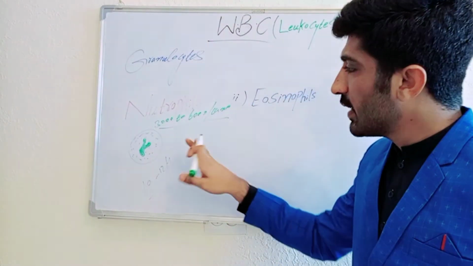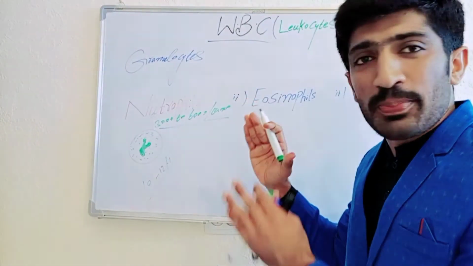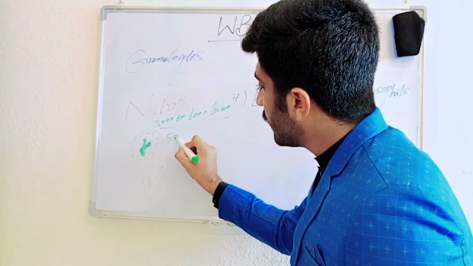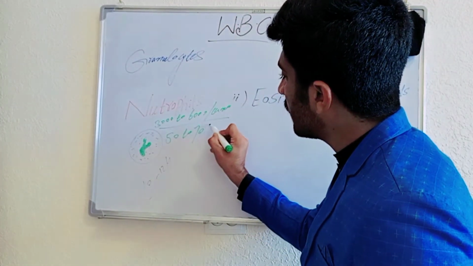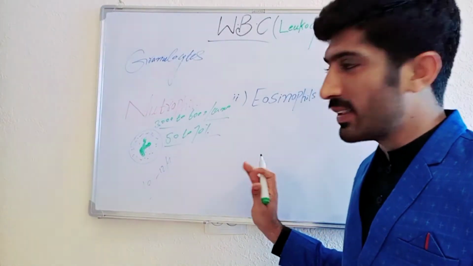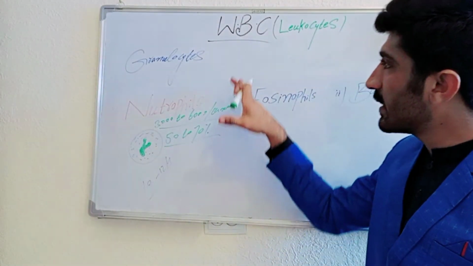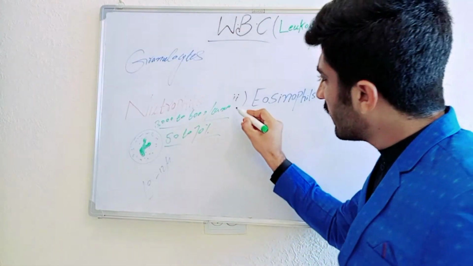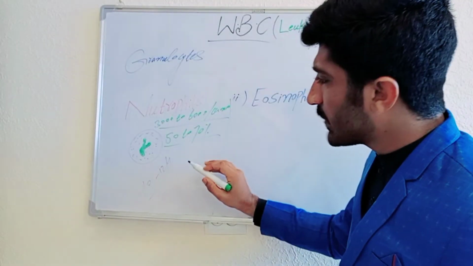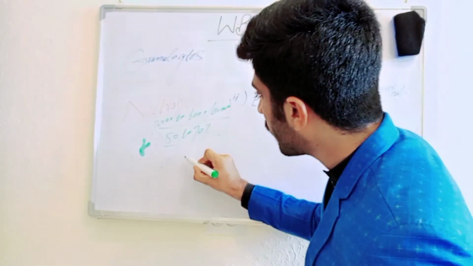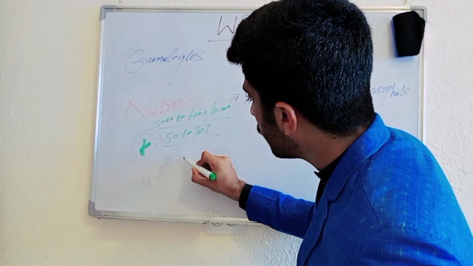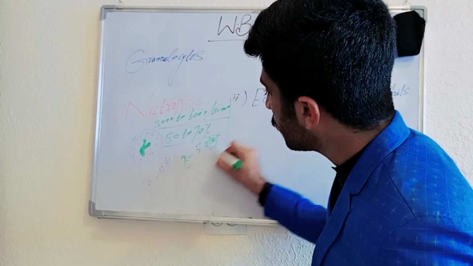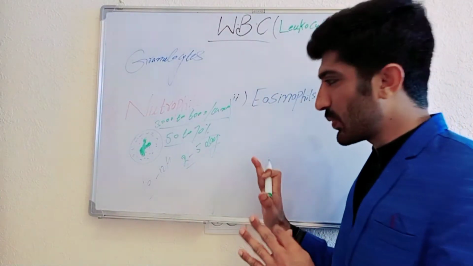And if we talk about percentage, these are 50 to 70% of the leukocytes in the blood. The lifespan of this cell is 2 to 5 days.